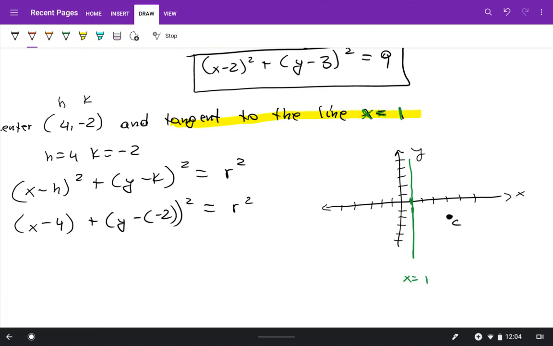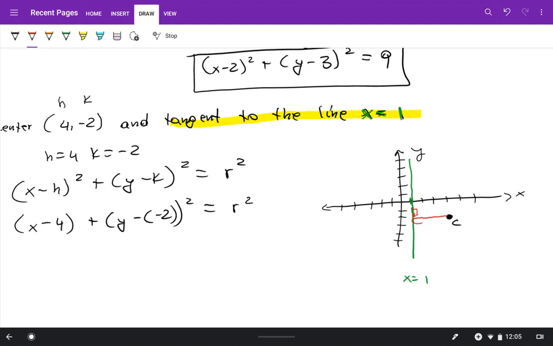Again, this is just a sketch. Your circle will be touching the line x = 1, and tangent means that it should be at a 90-degree angle.